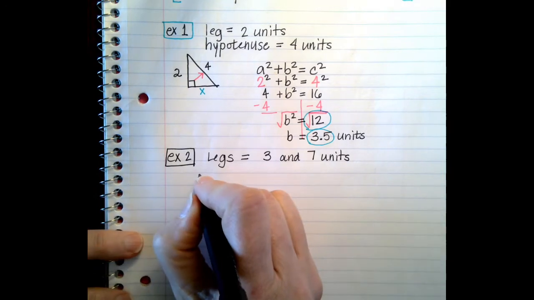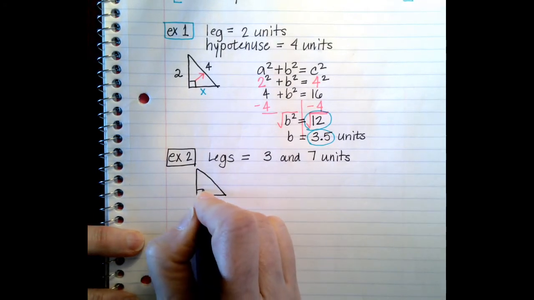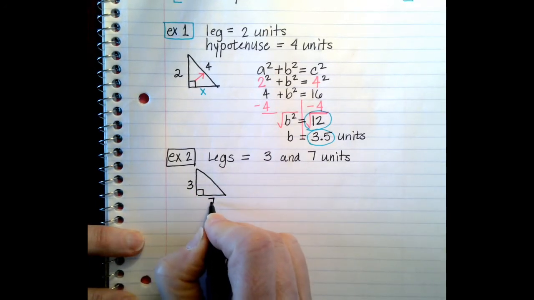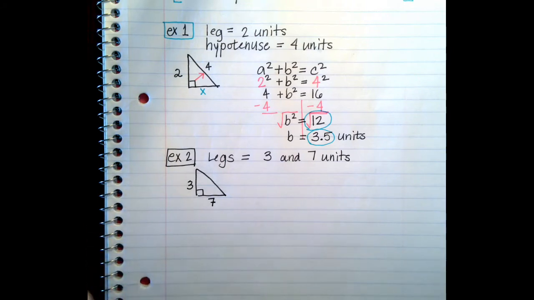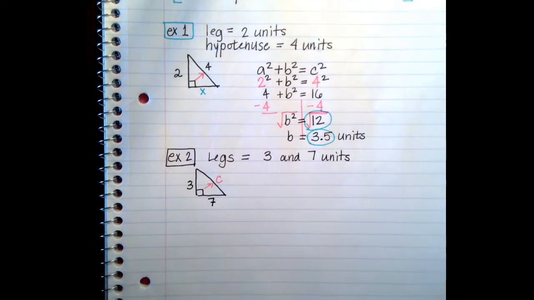So this is what that would look like. If I draw my triangle again, put in my right angle, my legs are 3 and 7. And what I don't know is this value over here, that hypotenuse, which is C.